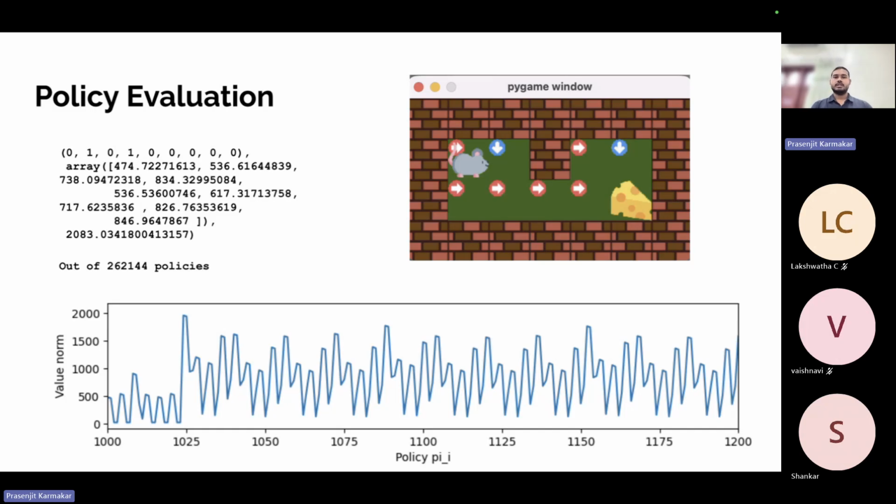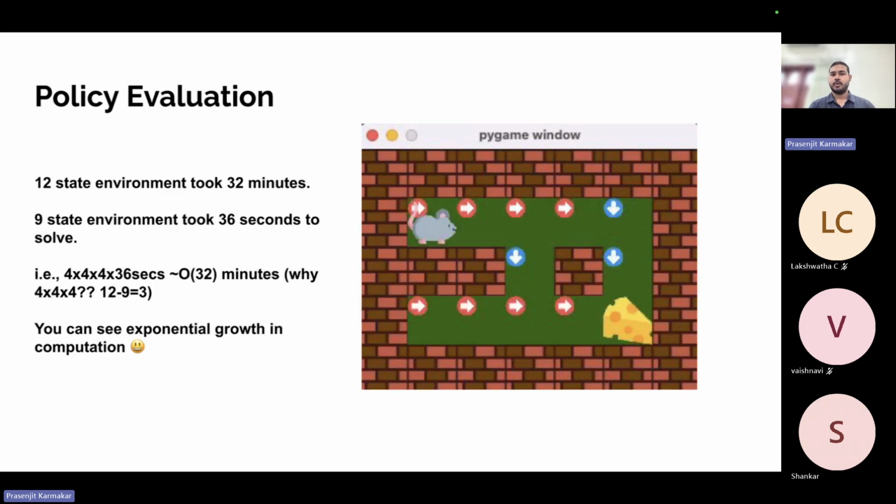But the problem was that the computation in this algorithm grows exponentially, right? So let's say solving this 9-state environment takes like 36 seconds or so. But whenever you go for a three more state environment, like a 12-state environment, it takes 32 minutes, right?